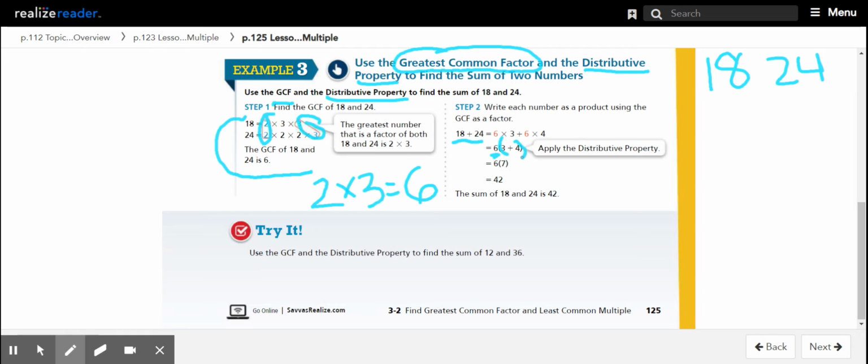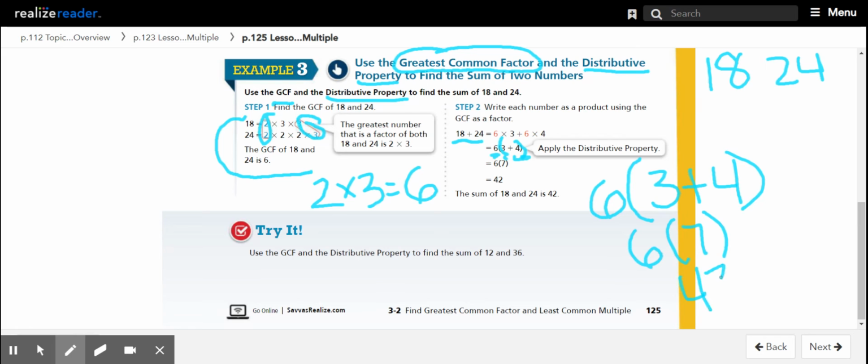So instead of 18 plus 24, we pull out the 6 and we say 6 goes into 18 3 times. 6 goes into 24 4 times. And so the GCF is 6, and then the distributive property gives us 3 plus 4. When we solve, we say 3 plus 4 is 7, and 6 times 7 is 42.